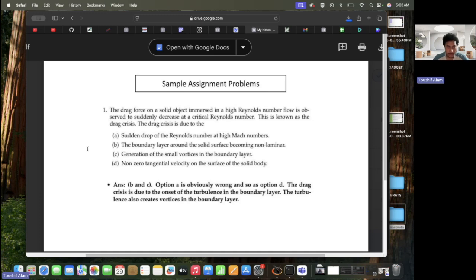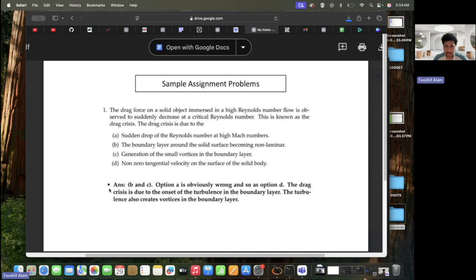So if you follow the answers B and C, option A is obviously wrong, and so is option D, because option A is saying sudden drop of the Reynolds number at high Mach numbers. The drag force on a solid object is at high Reynolds number, so there can't be a sudden drop of Reynolds number. The drag crisis is not due to that. Option D, non-zero tangential velocity, is also wrong.